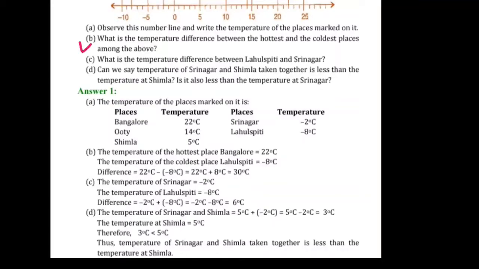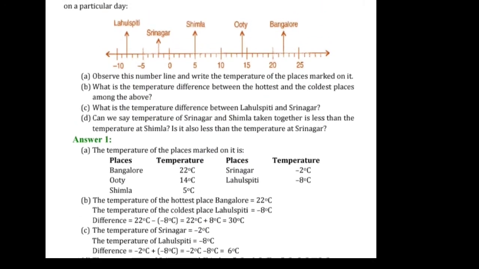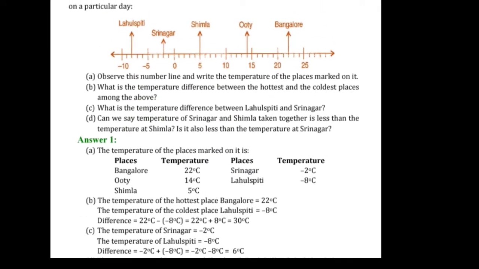B. What is the temperature difference between the hottest and the coldest place among the above? Students, here first we find the temperature of the hottest city. Which is the hottest city, students? Bangalore.